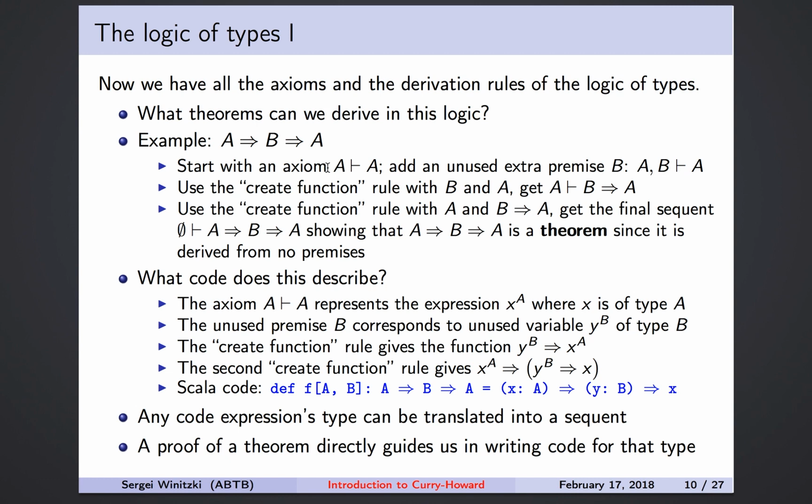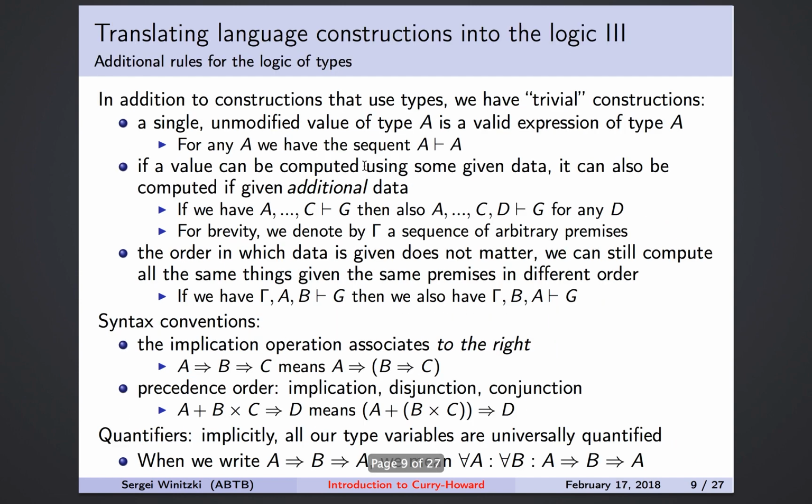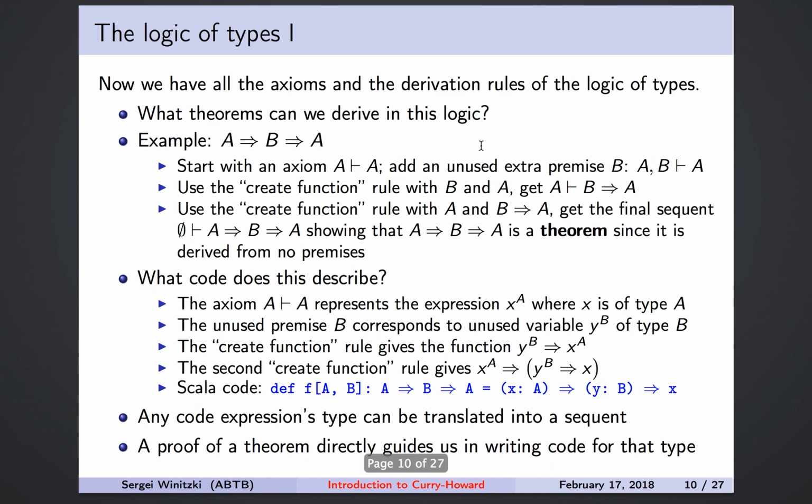We need to start with an axiom. So let's start with this axiom. This is a sequent that does not need a proof. This was one of our rules. Now, by another rule, we can always add an unused premise.